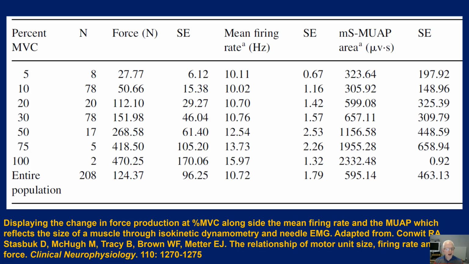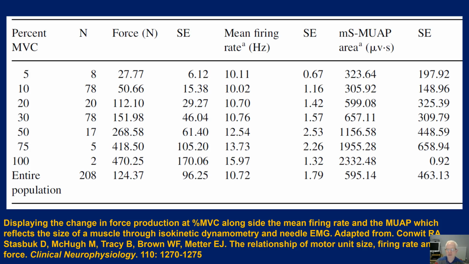It's the area. And what you can see is quite significant changes. Remember, when we are doing a low amount of force generation, we're recruiting slow motor units, which are small. So we're going from about 323 in this example here.